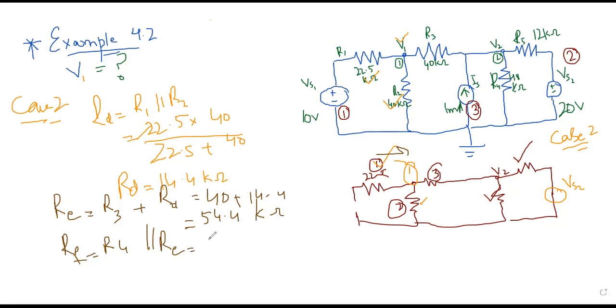So this value is 48 multiplied by 54.4 whole divided by 48 plus 54.4. So this RF value is approximately equal to 25.5.